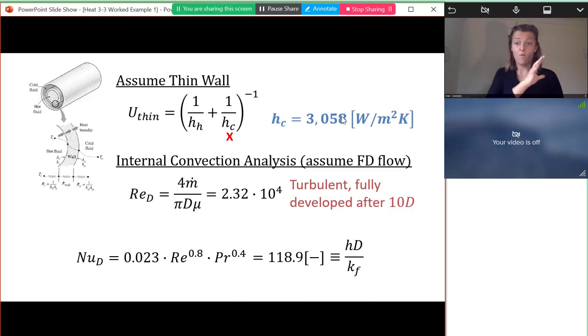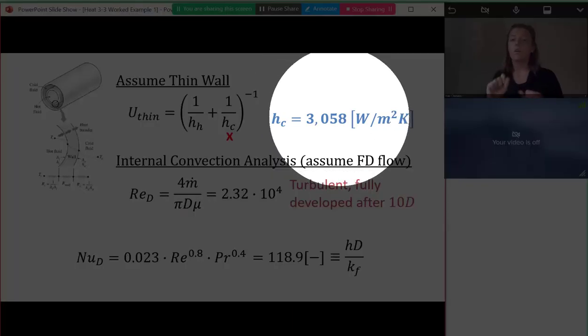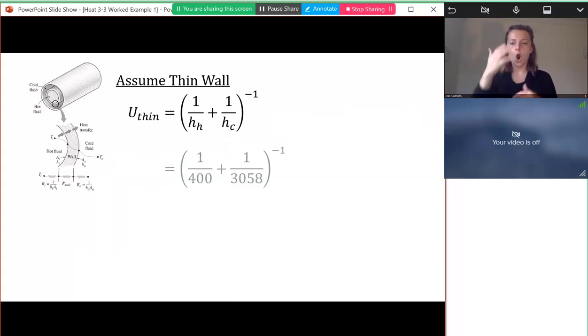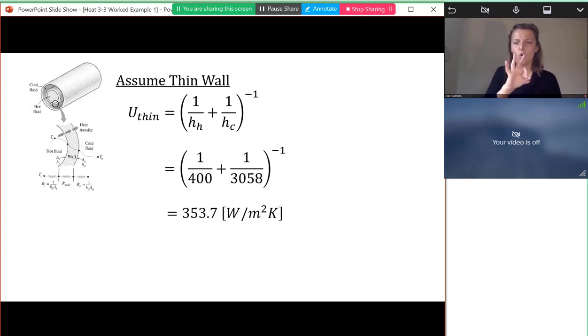Then I can find the heat transfer coefficient on the cold side. I already know the heat transfer coefficient on the hot side, so I can put this information into this equation, and I find that my effective heat transfer coefficient is 354 watts per meter squared Kelvin.